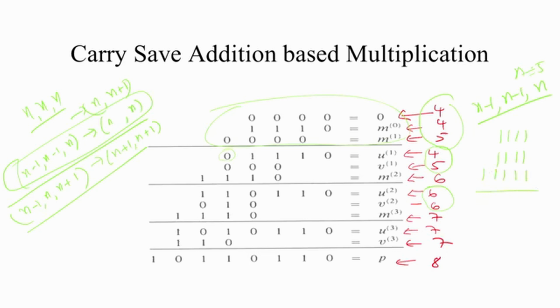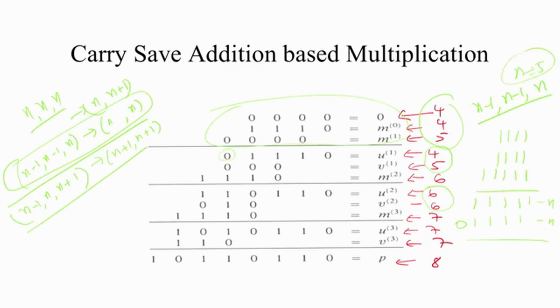This is the maximum I can give. Even for this maximum value, the sum is going to be 1 1 1 1 1 and the carry is going to be 1 1 1 1 0. Because these two are 0, the carry is going to be 0 irrespective of this. So this is just n bits and this will also be n bits, where n is 5. So this is 5 bits and this is also 5 bits.